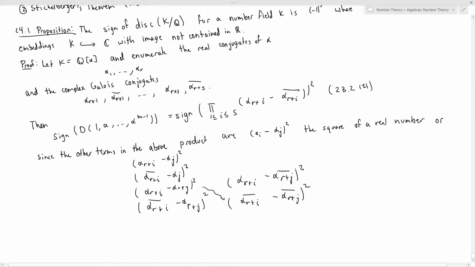So we can pair these guys up like this, and these two will product to a positive number, and these two will product to a positive number. And these two will product to a positive number, occurring in conjugate pairs.